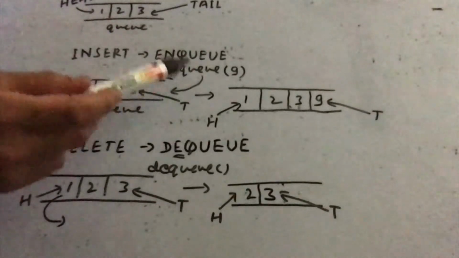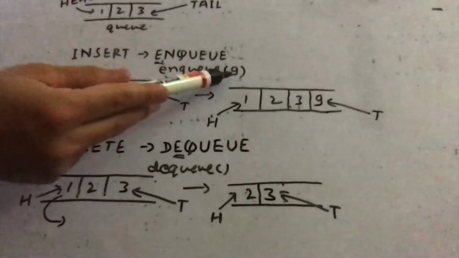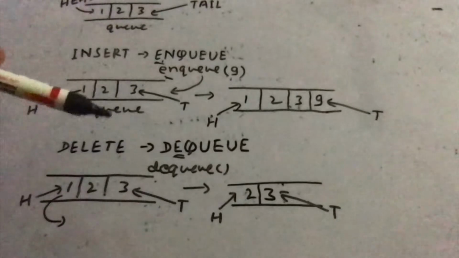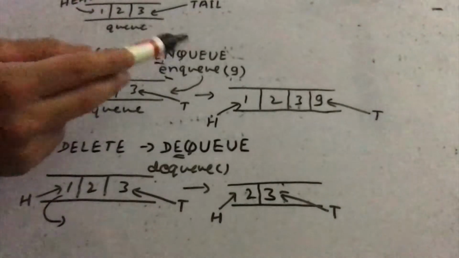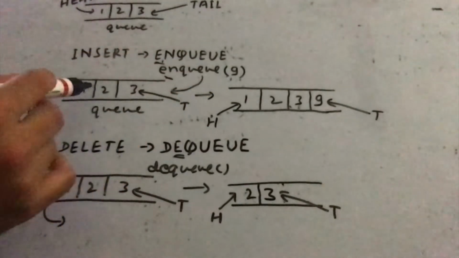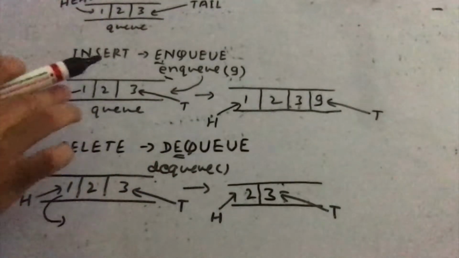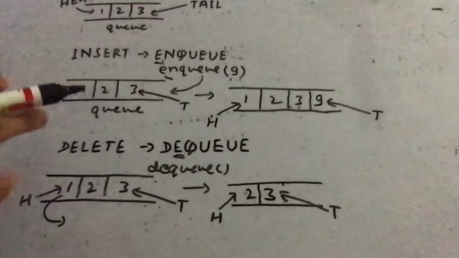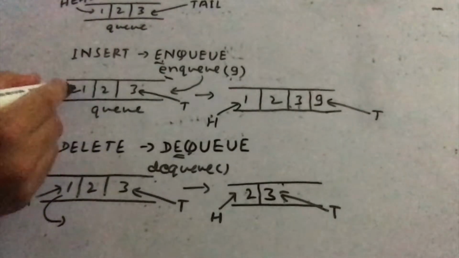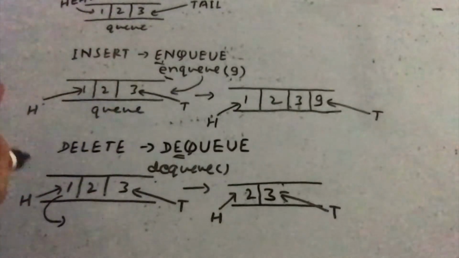The enqueue operation requires a single parameter, which is the value you want to insert into the queue. Let's say I want to insert 9. In that case, my existing queue is 1 2 3 with head pointing to 1 and tail pointing to 3.